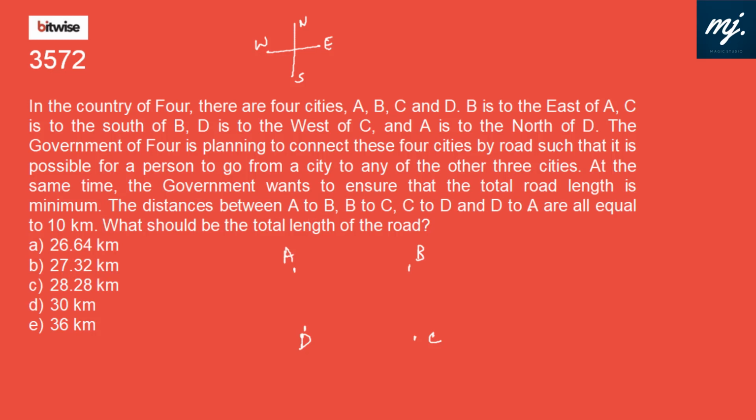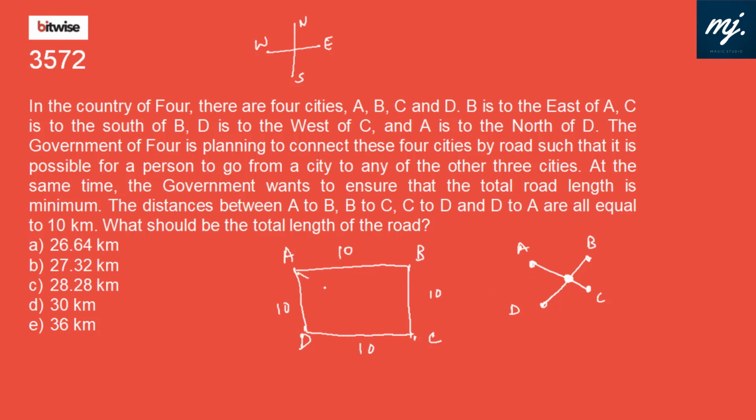The distance between AB, BC, CD, DA are all equal to 10. That means it is a square, with sides 10, 10, 10, 10. But we are looking out for the road. The road should be the diagonal connect, and there should be a meeting crossroad here. So you start from any city, you can go to any other city of your wish.